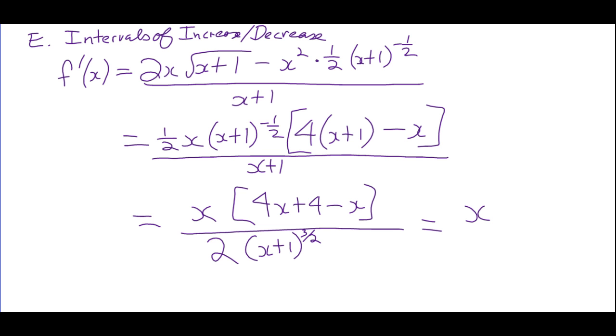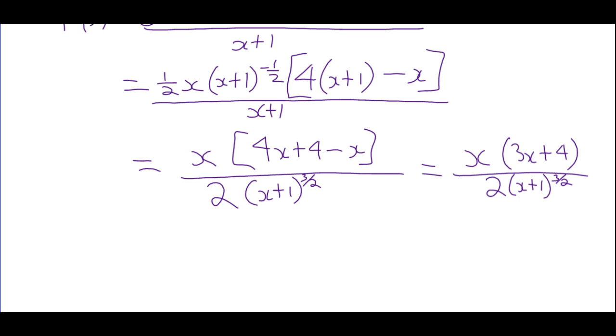We've got 3x plus 4, so we got an x and a 3x plus 4, and a 2, and an x plus 1 to the 3/2. And you kind of want this, right? I want factored form. We say, hey, it'll be 0 when x is 0 or x is negative 4/3, which is actually outside of the domain, right? Remember, the domain is x greater than negative 1, so the 0 of this doesn't come into play.